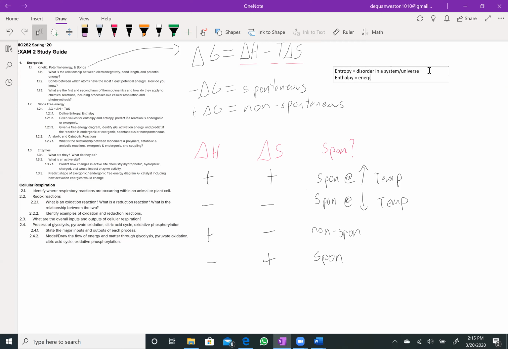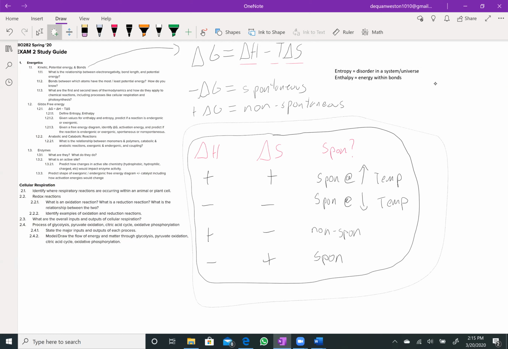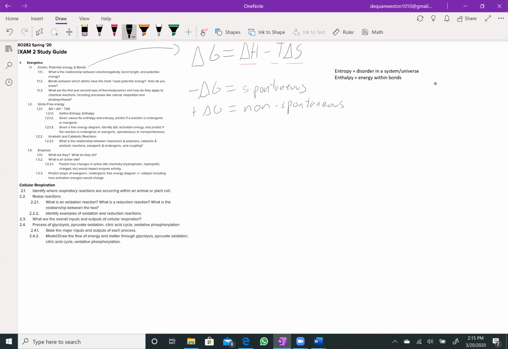Enthalpy is energy within bonds. So does everybody have this table? We're going to do a couple examples, and you guys just tell me what happens with enthalpy and entropy. Actually, we can just do one.